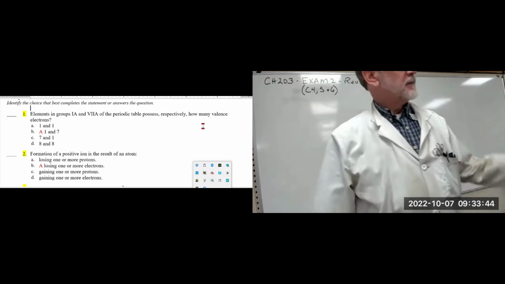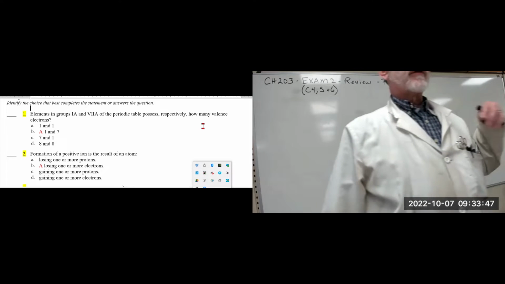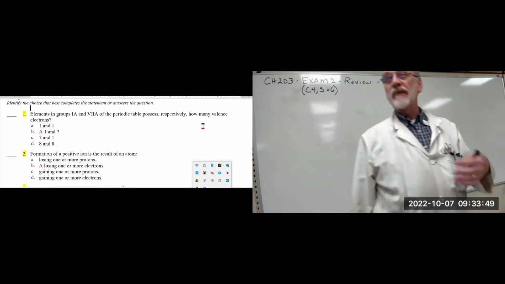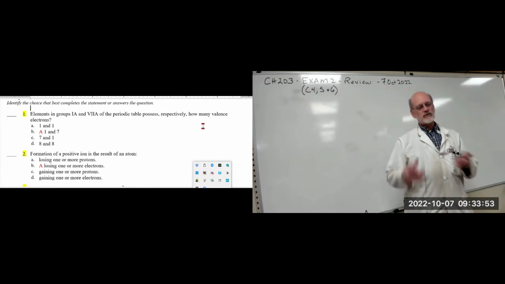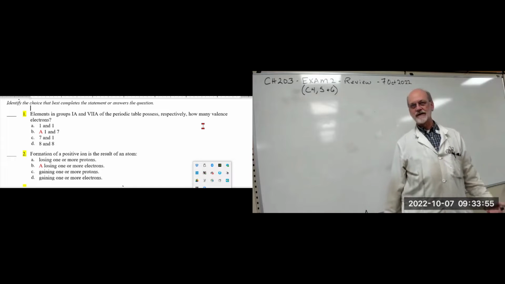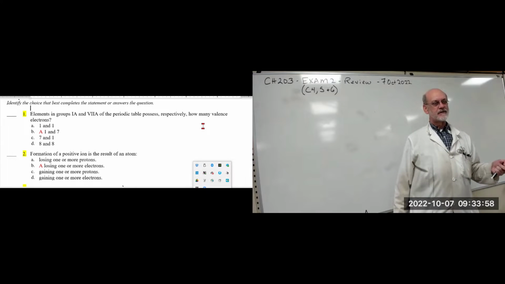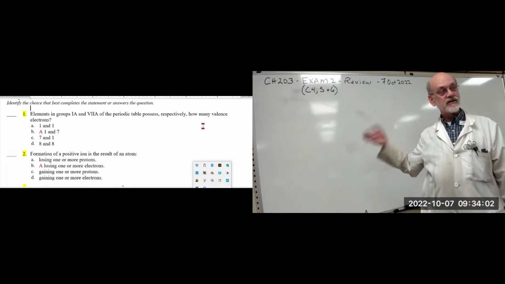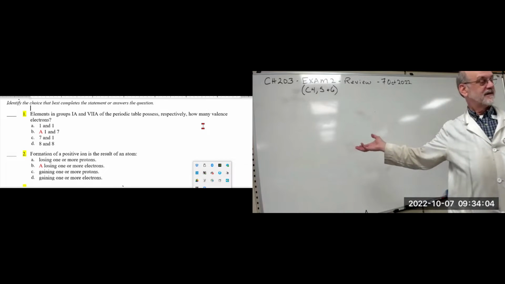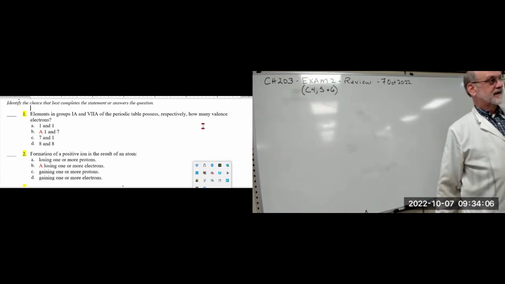Now, which elements in the periodic table prefer to lose electrons and make positive ions? You have 2 choices, metals or nonmetals. Right, well, sodium's a metal, right? I just made a positive ion out of it. Metals make positive ions.